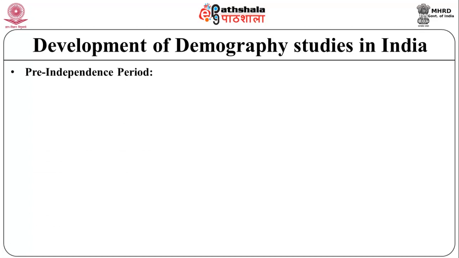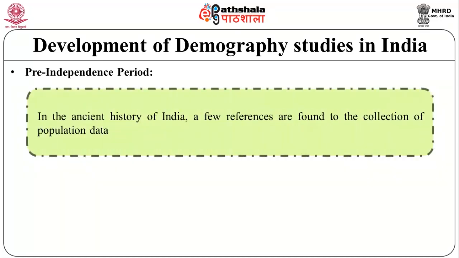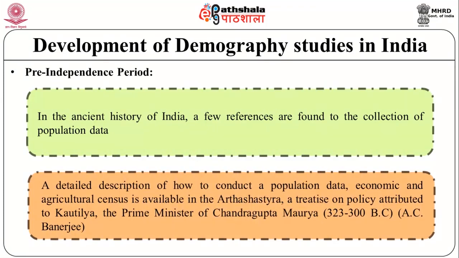Next, we'll discuss the development of demographic studies in India. Pre-independence period. In the ancient history of India, a few references are found to the collection of population data. A detailed description of how to conduct a population, economic and agricultural census is available in the Arthashastra, a treatise on policy attributed to Kautilya, the Prime Minister of Chandragupta Maurya, 323 to 300 BC.